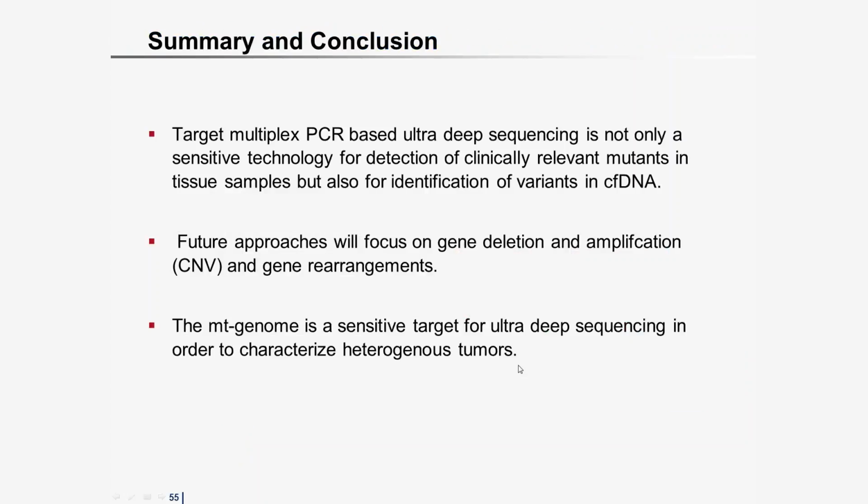So in conclusion, targeted multiplex PCR-based ultra-deep sequencing is not only a sensitive technology for detection of clinically relevant mutants in tissue samples, but also for identification of variants in cell-free DNA. Future approaches will focus also on gene deletion and amplification using the copy number variation tool, and maybe also on gene rearrangements.